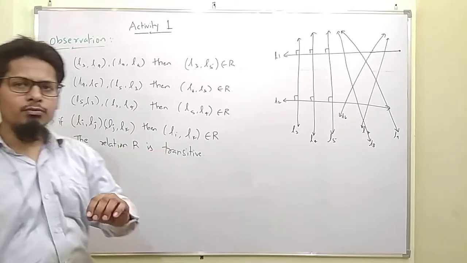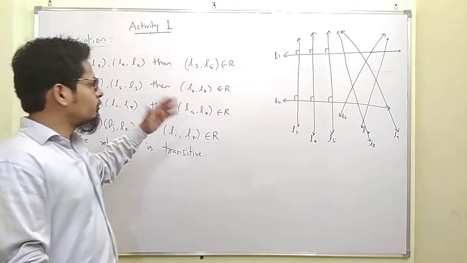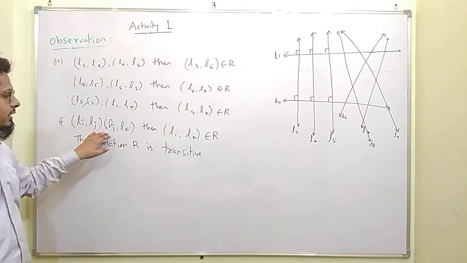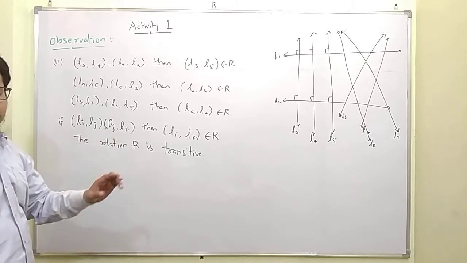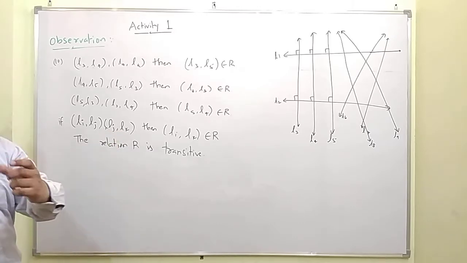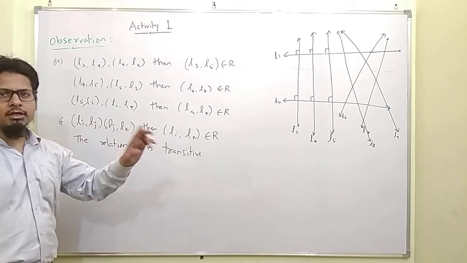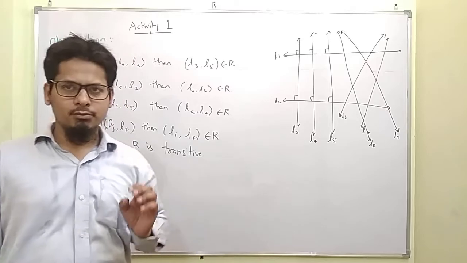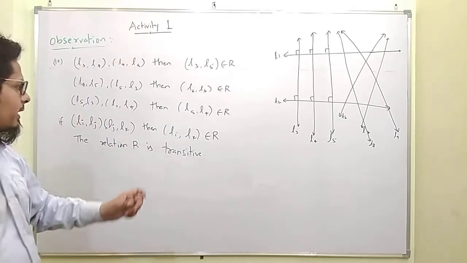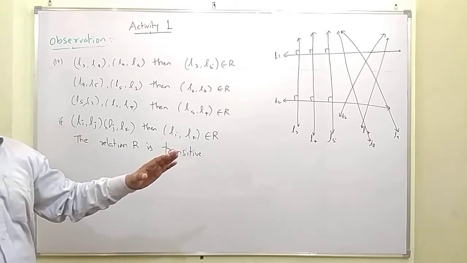It also belongs to relation R. So with these 3 lines it has been proved, and in general also, the same thing is written here in a general way: line Li, line Lj, and line Lk. If Li is parallel to Lj, Lj is parallel to Lk, then we can say Li is parallel to Lk. Okay, so with the condition of parallel, we have to prove the relation transitive.